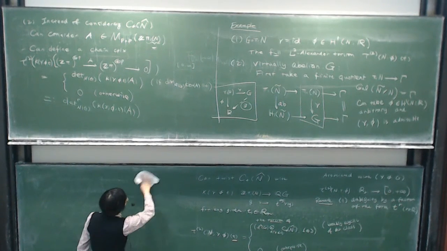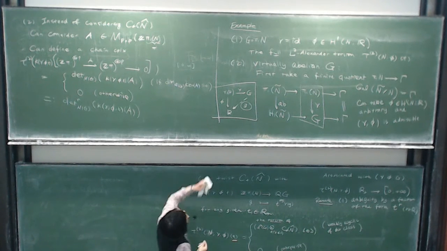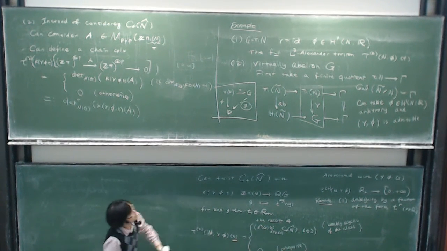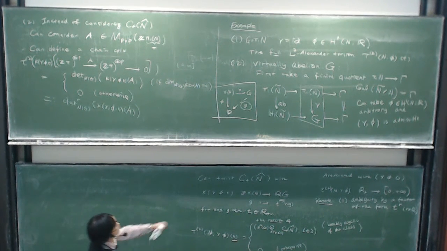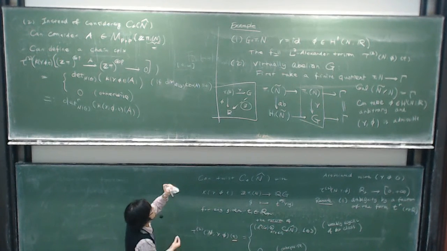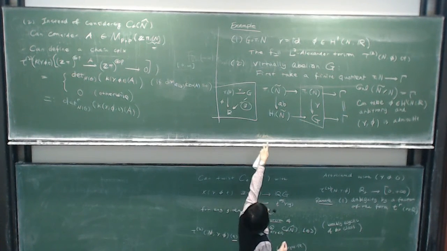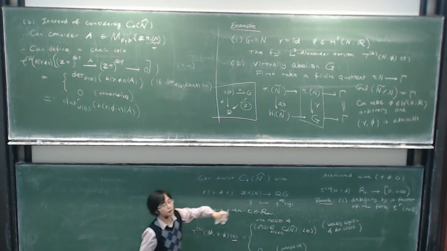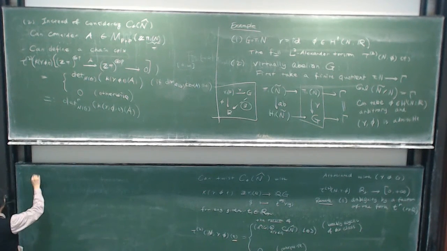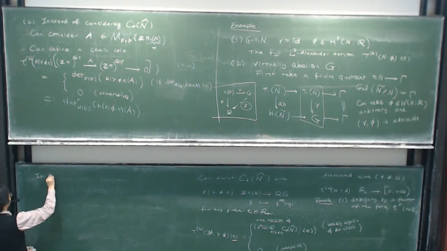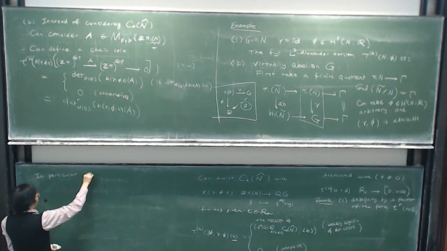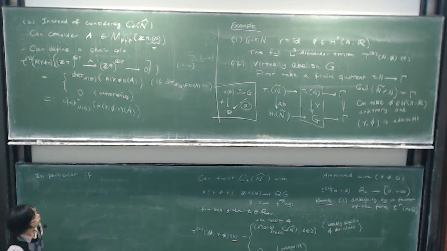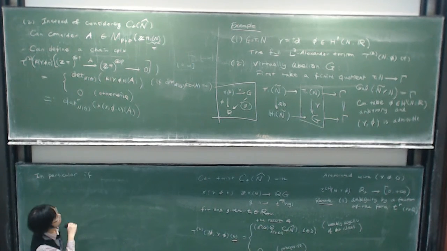Okay, so in the second type where your G is virtually abelian, the most trivial one is that where your gamma is just a trivialization, and your group G will basically become the abelianization of your group N. So what happens here?